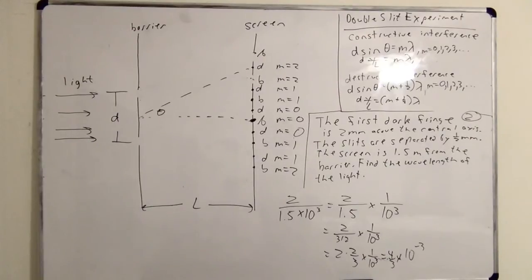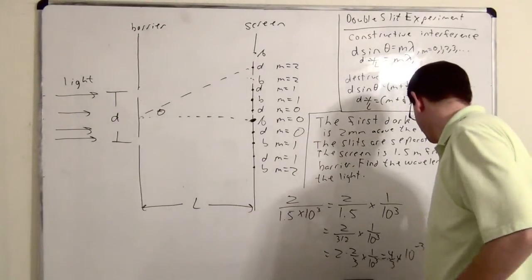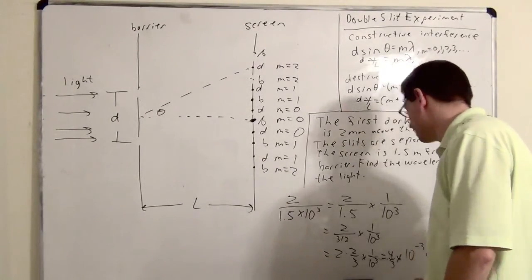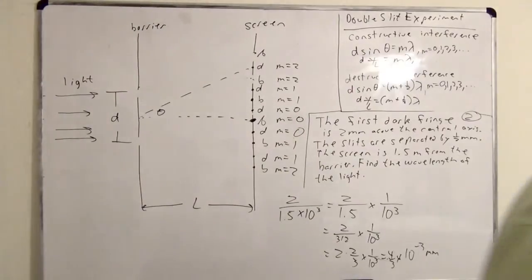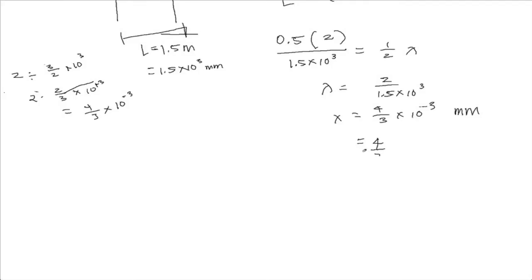Let's go ahead and do that. So how many meters is this? Let's work that out. That's right. Oh, so it's not turning out to be so bad. Now let's change it into nanometers.